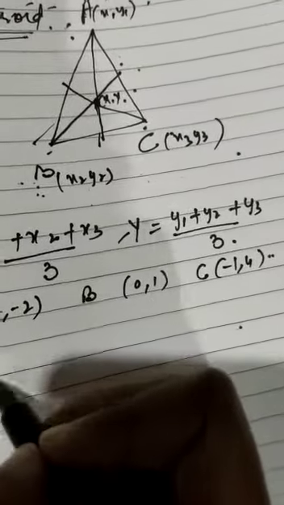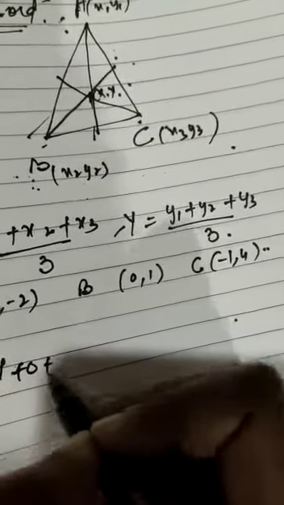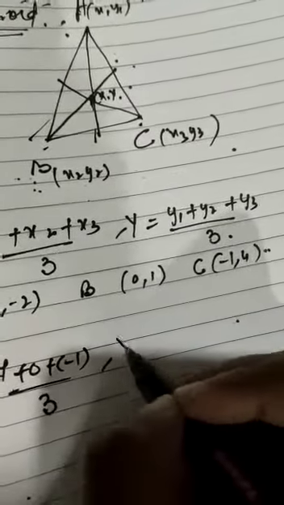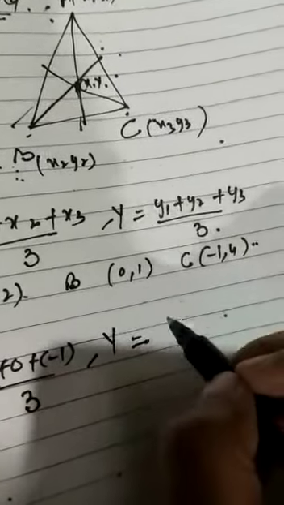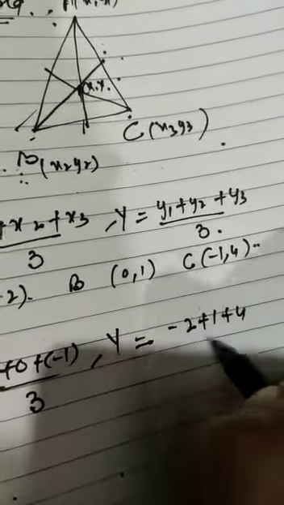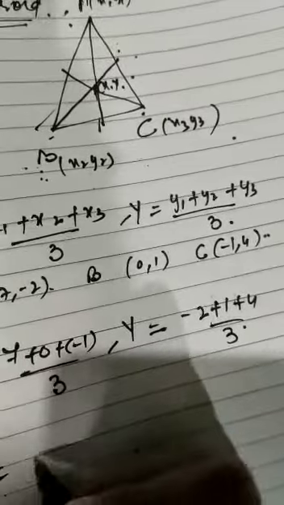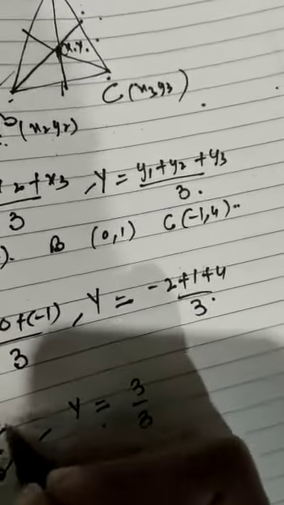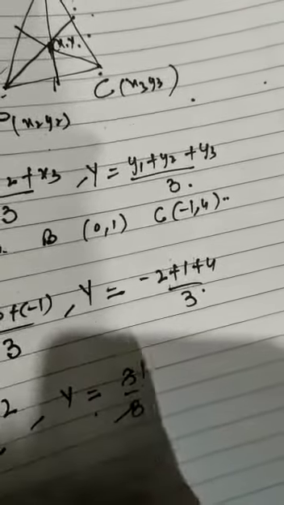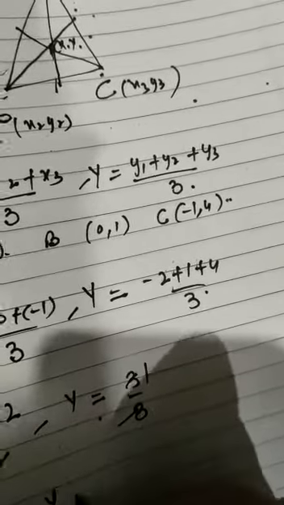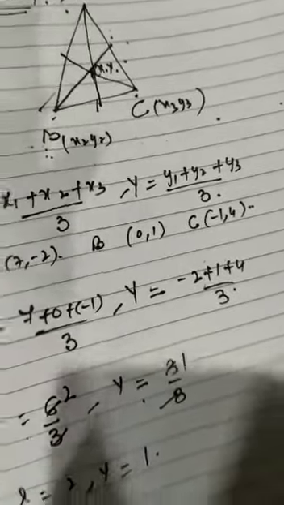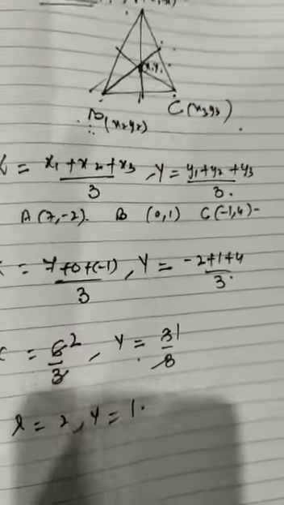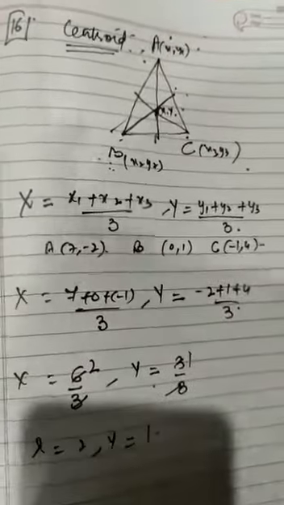So X is equal to (7 plus 0 plus -1) by 3. Y is equal to (-2 plus 1 plus 4) by 3. So X is equal to 6 by 3. Y is equal to 3 by 3. 3 twos are 6, 3 ones are 3. So X is equal to 2, Y is equal to 1.